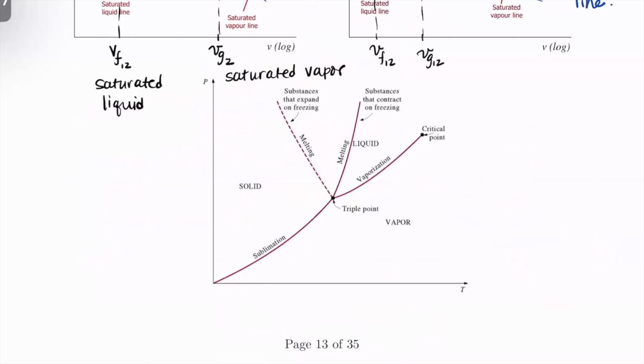So if, for example, we are at this location, we connect our saturation temperature with the saturation pressure. And then depending on where we are, we can know what state we're at as well, right? Depending on each region.